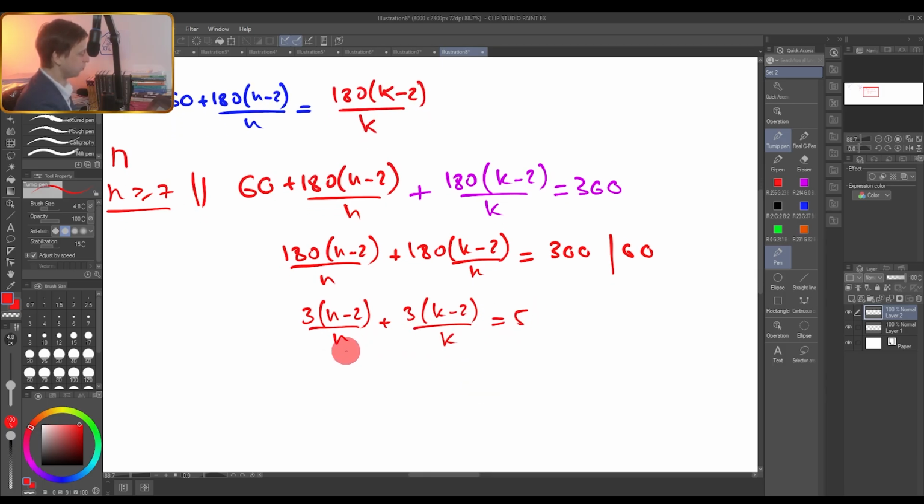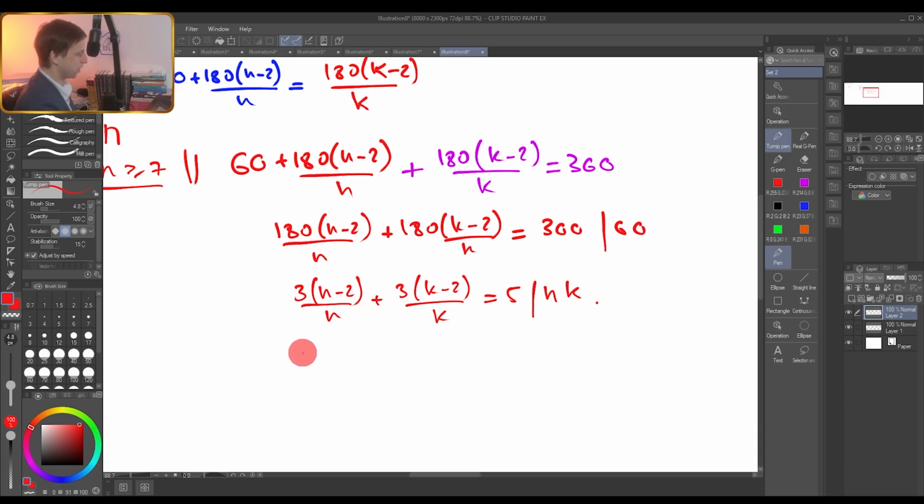And after that, I multiply everything by nk. And what we have here, just a second, we will have 3 times (n minus 2) times k plus 3 times (k minus 2) times n equals 5nk.